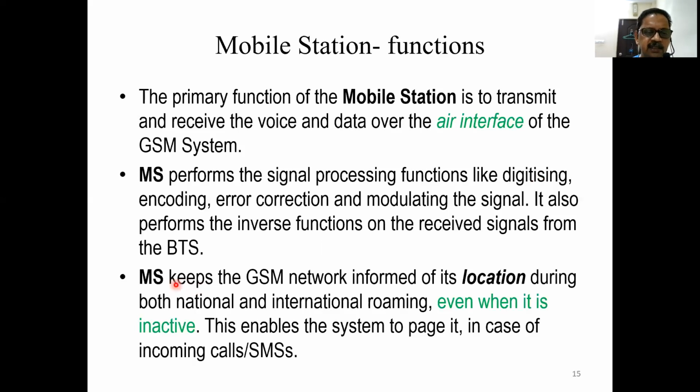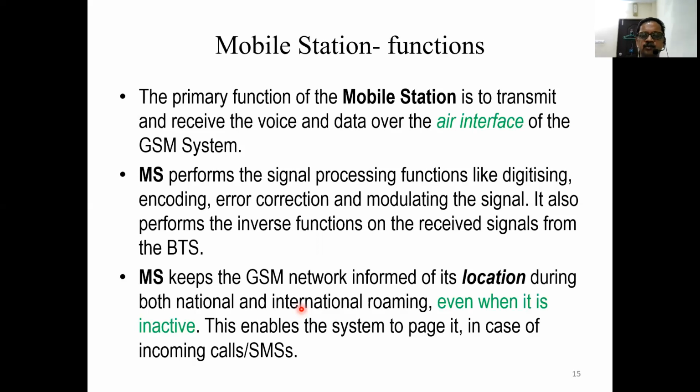The mobile station keeps the GSM network informed of its location during both national and international roaming, even when it is inactive. This enables the system to page it in case of incoming calls or SMS. The gist of the information is like this.